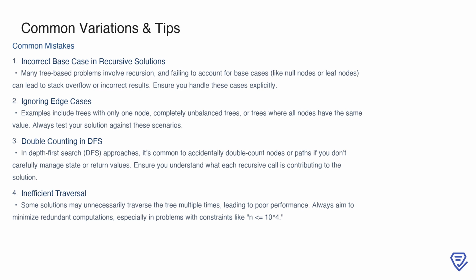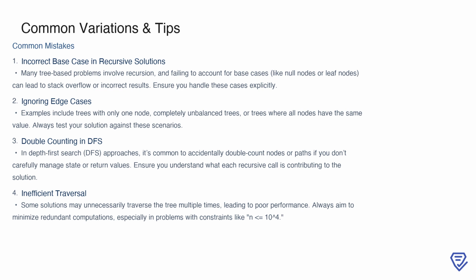Additionally, in depth-first search approaches, double counting is a frequent issue. If you don't carefully manage the state of your solution or understand what each recursive call is contributing, you might accidentally count the same nodes or paths multiple times. Finally, inefficient traversal is something to avoid. Some solutions might traverse the tree multiple times unnecessarily, which can significantly hurt performance, especially for problem constraints involving large trees.